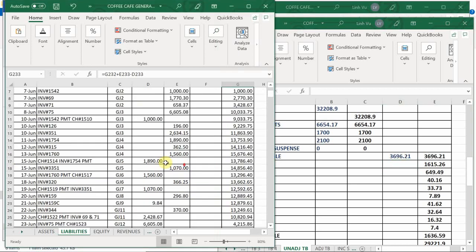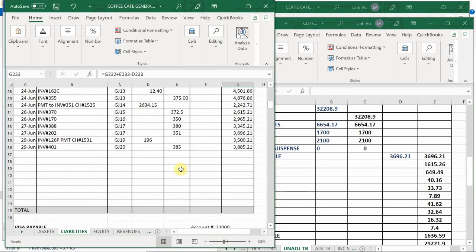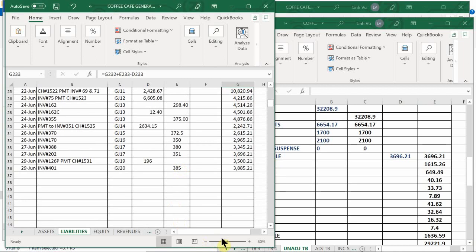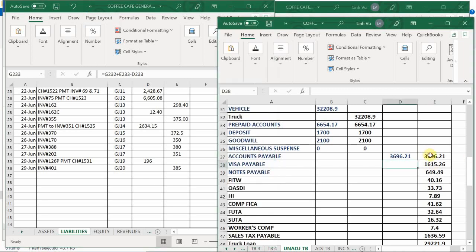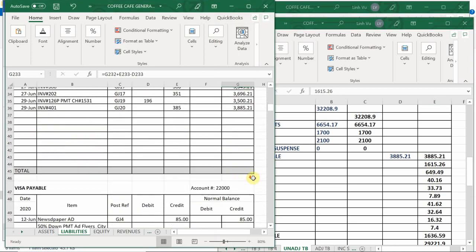So in this case, how much is my total accounts payable? 3,885 and 21 cents. 3,885.21. Okay.